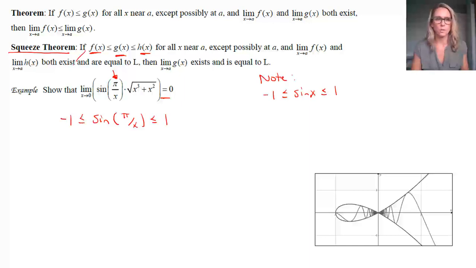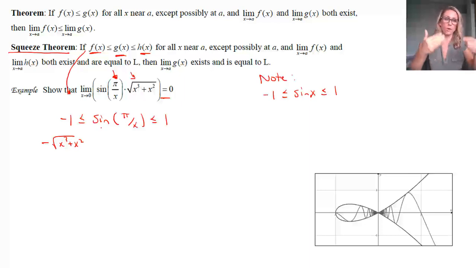So notice that I'm starting to come up with a couple of functions that I can then make the squeeze with. Then I'm going to note that the square root of x cubed plus x squared is always positive. So if I multiply it through by that piece, I'm not affecting the inequality.